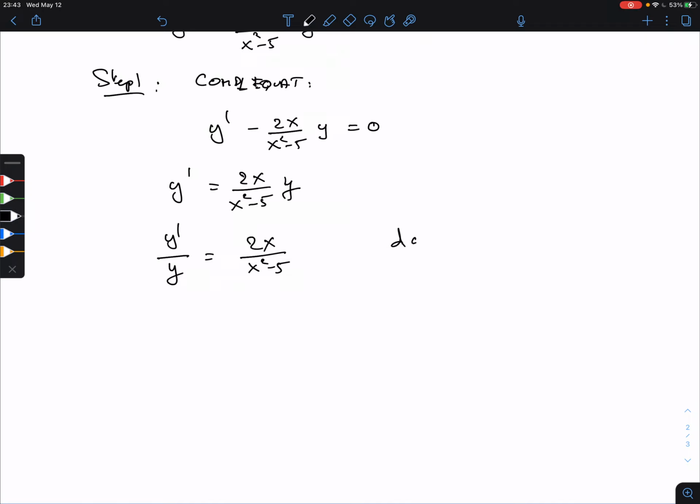And if you want, using the material from today's lecture, you can write it also as 2x dx over x squared minus 5, because then it's much easier to see that you're integrating with respect to two different variables.